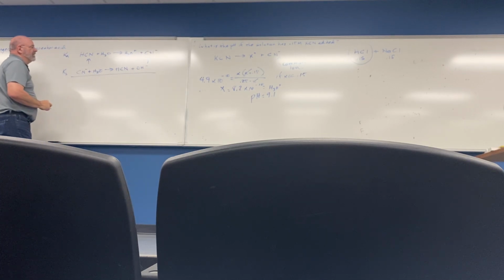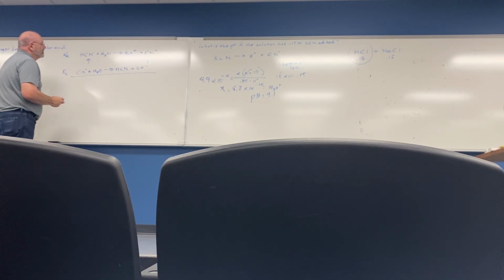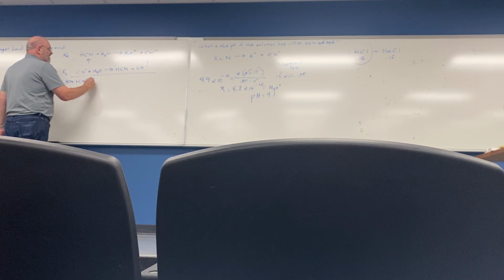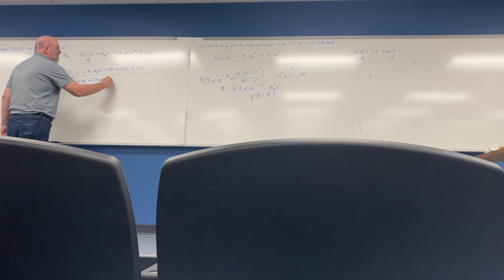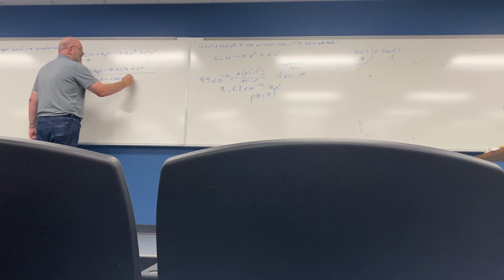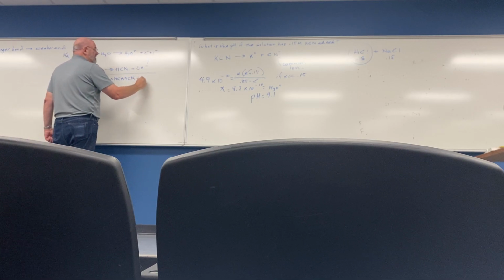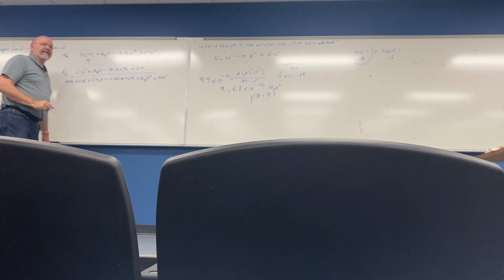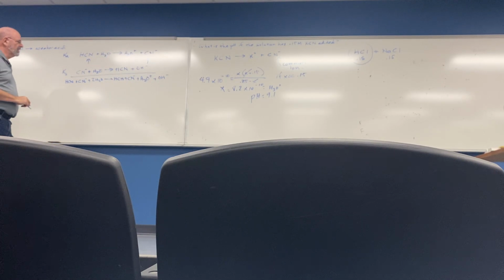What if I add these together? HCN plus CN minus plus 2H2O goes to HCN plus CN minus plus H3O plus OH minus. Can I simplify that? Yeah.